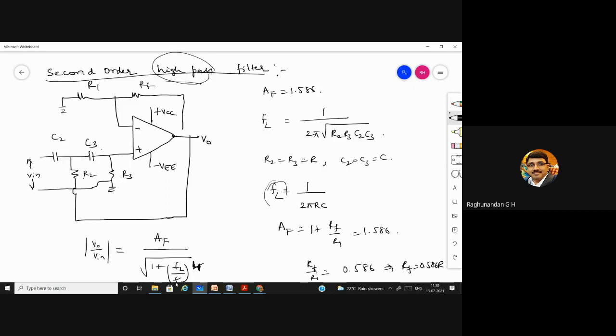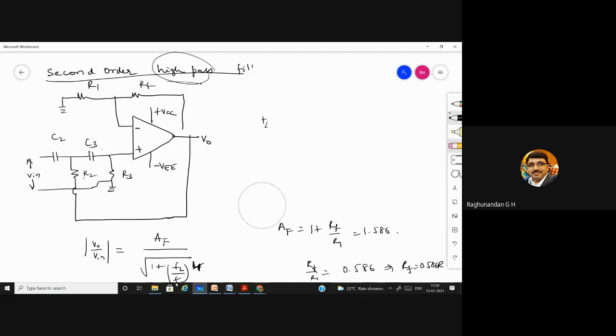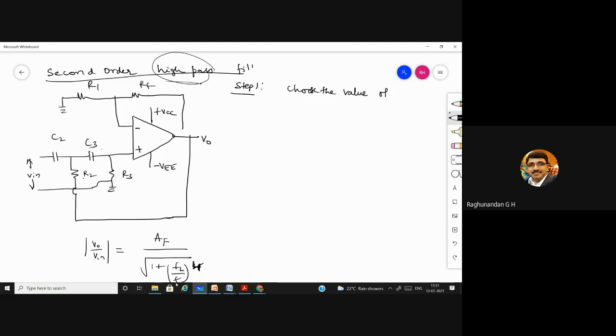So after this, as usual, the design. Step 1, choose the value of C. Again, its range is 0.001 or 0.01 microfarad, so you can choose 0.01 microfarad for this.